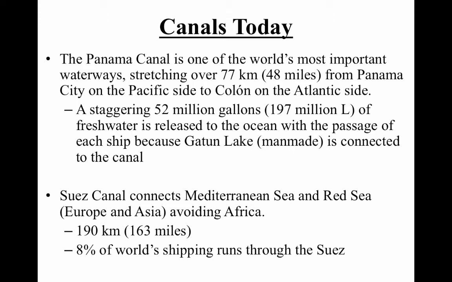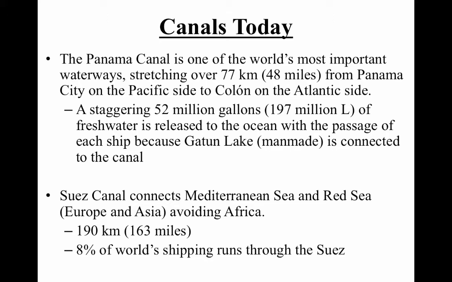Other than the Panama Canal, one of the other major canals in the world is the Suez Canal, which connects the Mediterranean Sea and the Red Sea. So it's really connecting Europe to Asia, and it says avoiding Africa, meaning avoiding the expense and time of ships having to go all the way around the continent of Africa.